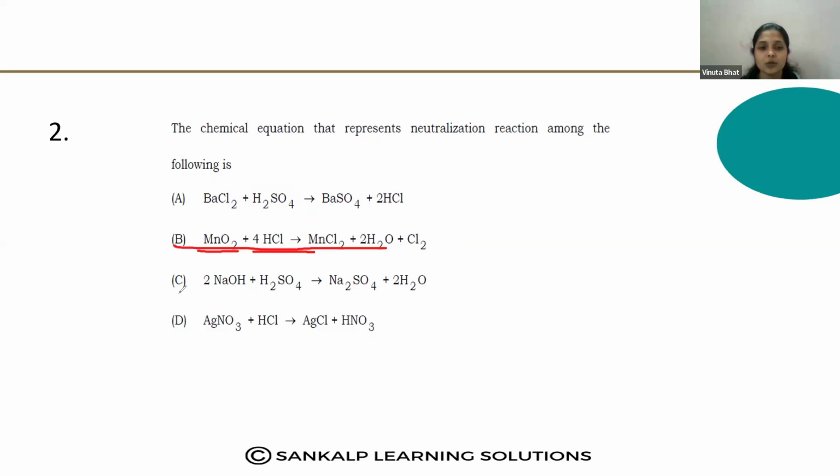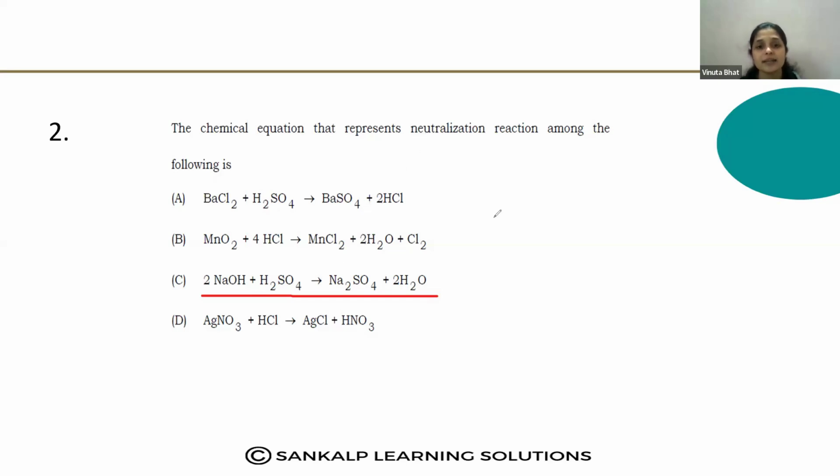Here you can see option C, sodium hydroxide and sulfuric acid. Sodium hydroxide is the strong base and sulfuric acid, H2SO4, is the strong acid, which forms sodium sulfate and water, which is the salt and water. So that reaction is called a neutralization reaction.